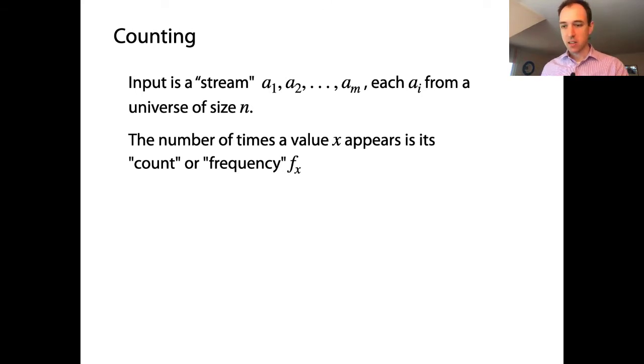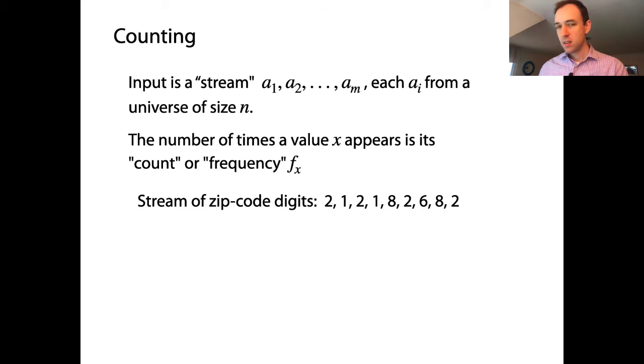Okay, so let's just take a quick example, to make sure we understand what all these variables mean. So let's say we're in a scenario where the stream is a stream of zip code digits. So zip code just being part of an address, it's a series of numbers. So these are some digits from a zip code. And it being a zip code, we can say what M is going to be. Well, for this particular example, I've got 212.182.682. There's 9 items in that stream.